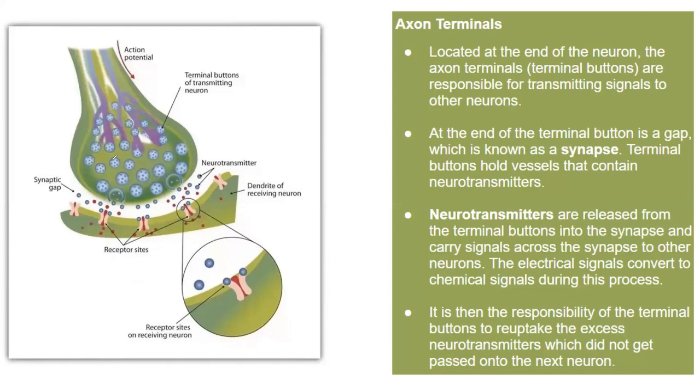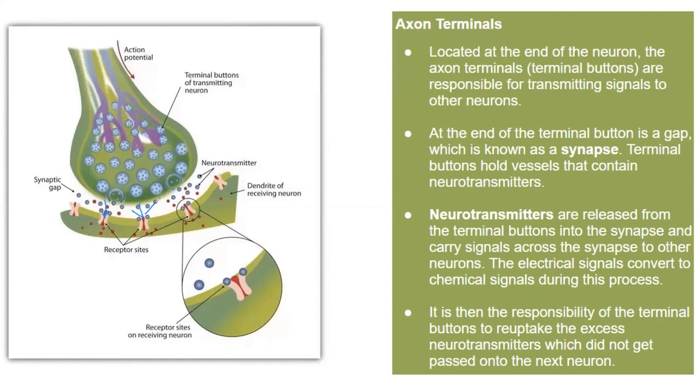These small blue circles are vesicles basically, and these contain chemical molecules known as neurotransmitters. These are released from terminal buttons into the synapse and they carry signals across the synapse. So these neurotransmitters get released when they receive a signal and they pass it on across the synapse to other neurons.